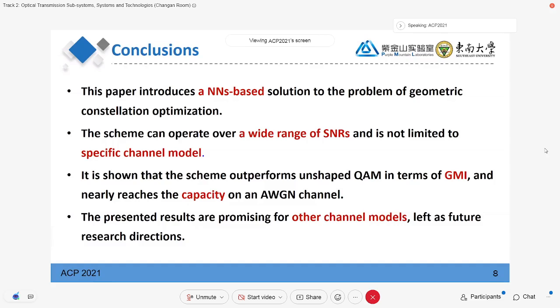It is shown that the scheme outperforms unshaped QAM in terms of GMI and nearly reaches capacity on an AWGN channel. Finally, the simulation results show that it is promising for other channel models. It leaves us future research directions.